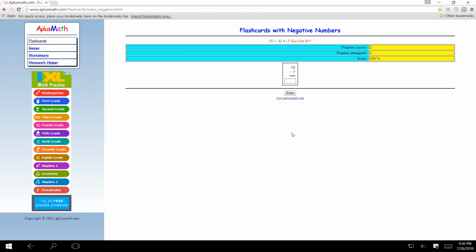-15. Okay, this problem is actually -10 plus 5. In other words, those two negatives turn into a positive, right? So what's -10 plus 5? -5.